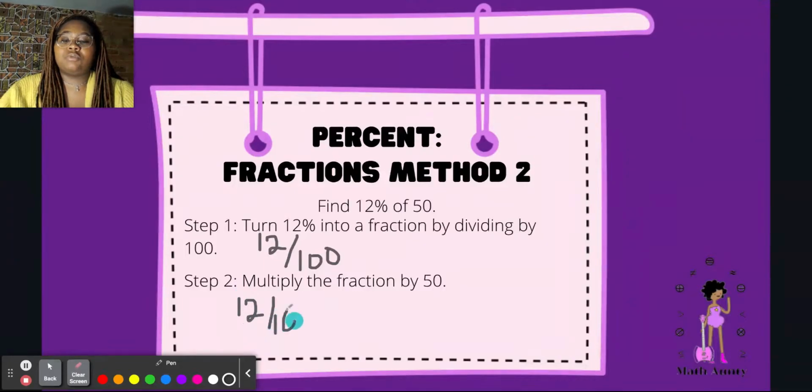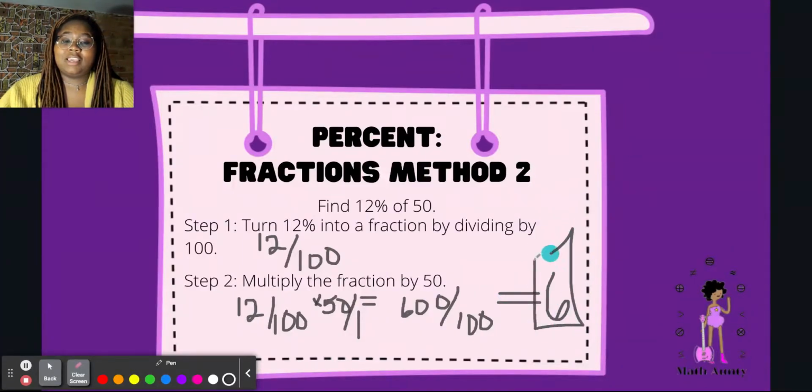In step 2, we take our fraction 12 over 100 and we multiply it by 50. 50 over 1 times 12 over 100 equals 600 divided by 100. 600 divided by 100 is indeed 6.